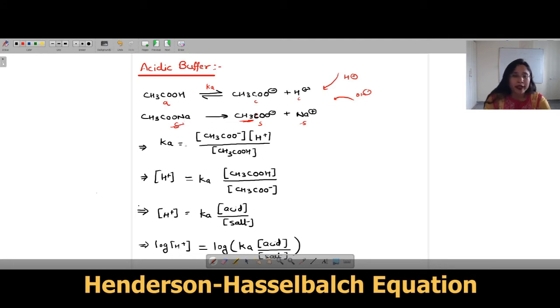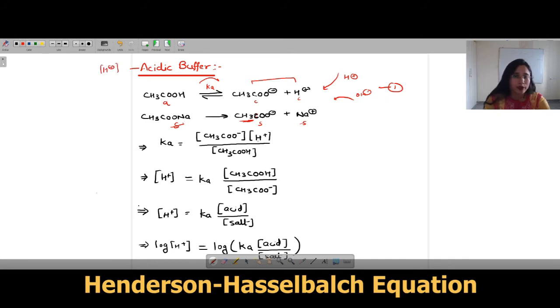If I want to write the equilibrium expression for the first equation, Ka is the acid dissociation constant. Because this is an acidic buffer, I am more interested in finding the concentration of H plus ion.